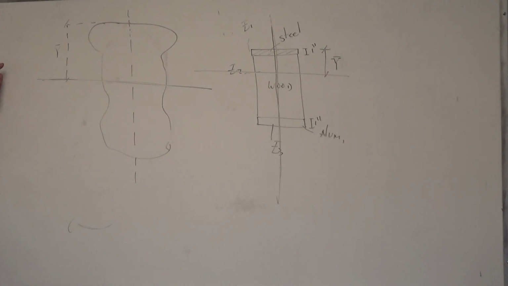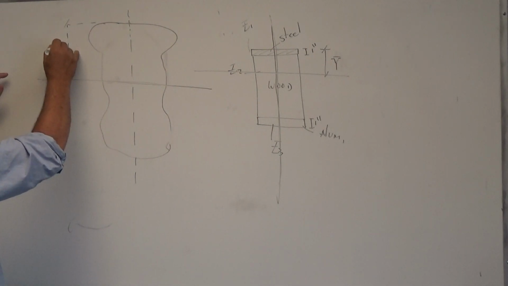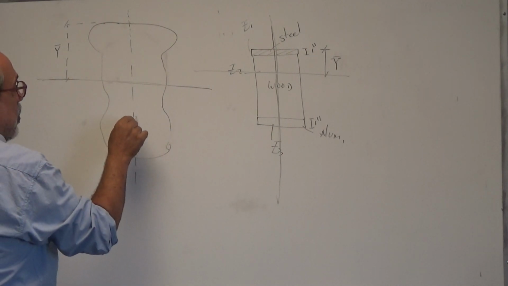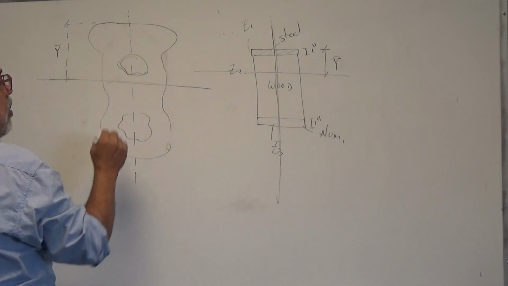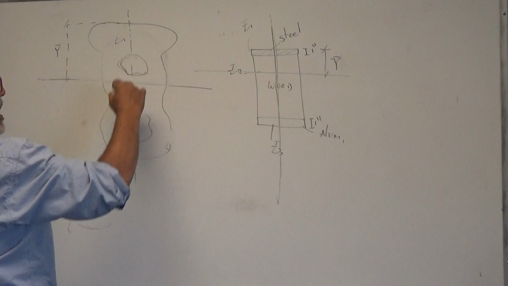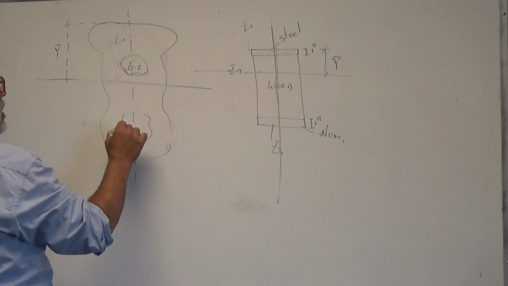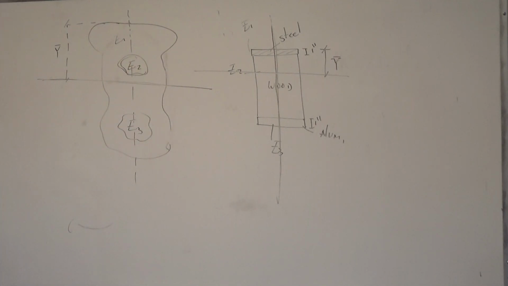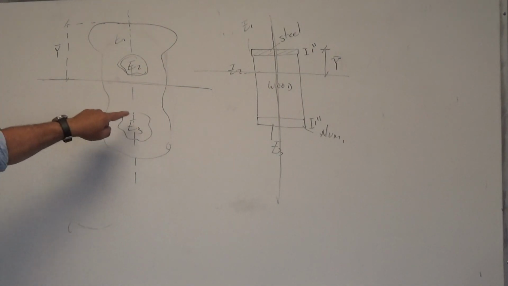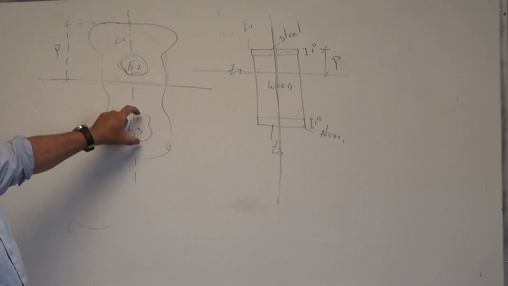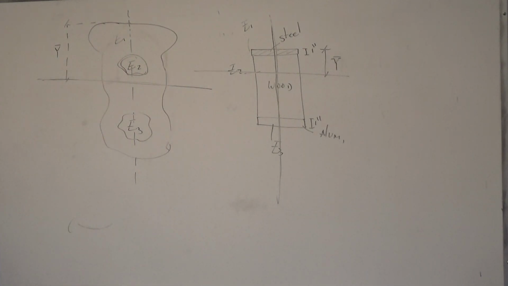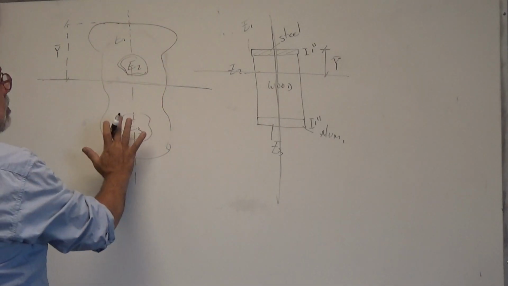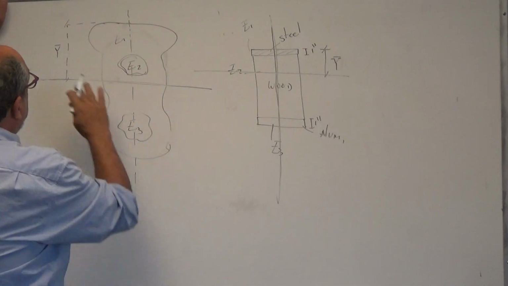Now, once we calculate where our axis is, y bar here, this could be material E1 outside, this could be material E2, and this could be material E3. And by the way, if this was a hole with air, you can still think about it as being a material with E0, right?